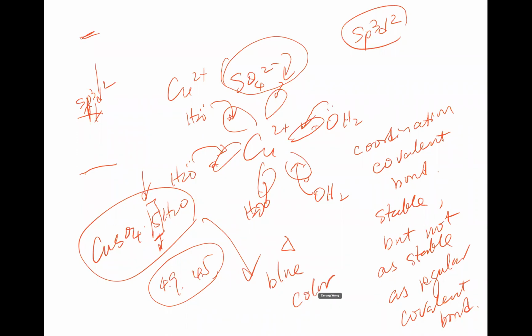But once you remove all those waters, there's no electrons, so there's no excitation, so that becomes a white color or colorless. And from here, this explains why copper sulfate anhydrate is white, but with 5 waters associated, that will show the blue color.